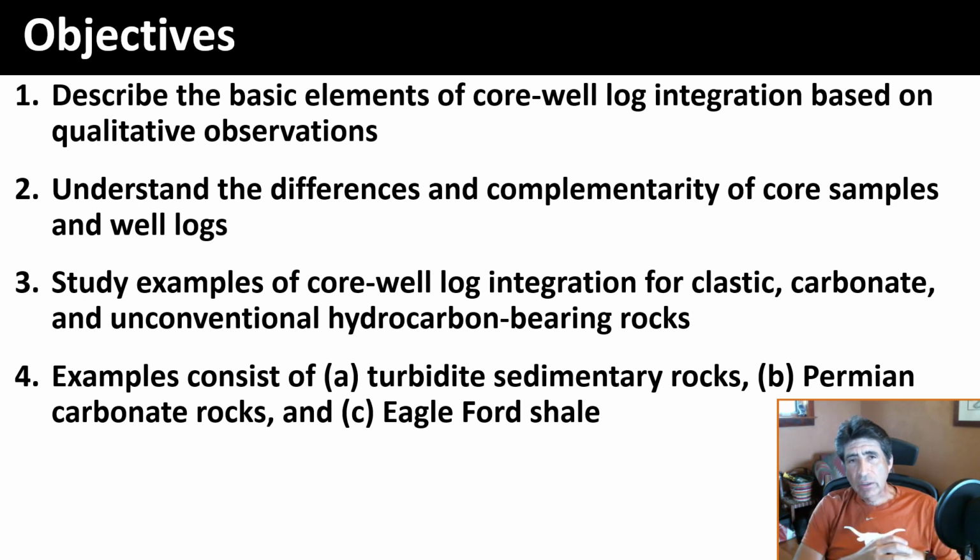Those examples are very interesting because they cover different aspects of the complexity of rocks, and they give us a very good idea of the integration and differences in complementarity of well logs and core data. So here we are, those are the objectives, and let's start moving.